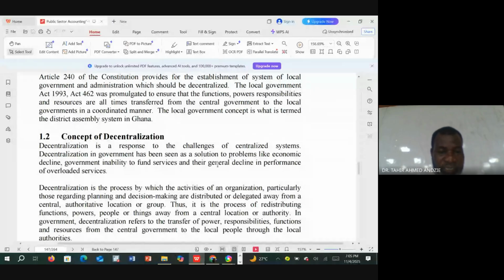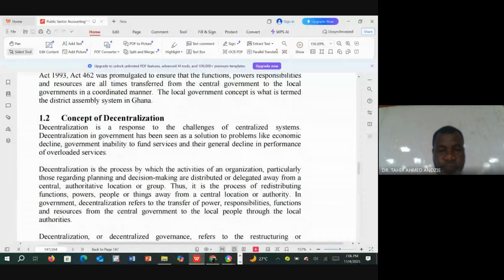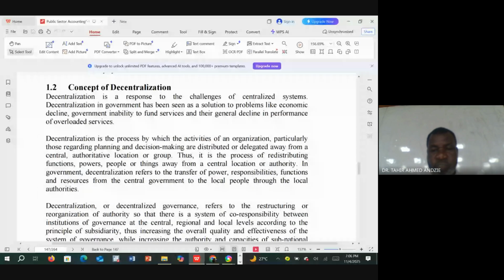Right. So decentralization is the process by which the activities of an organization, and in this case, the various national or government organizations, particularly those regarding planning and decision making, are distributed or delegated away from the central authoritative location or group.